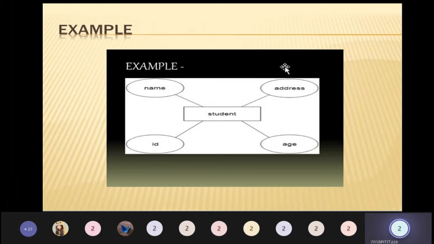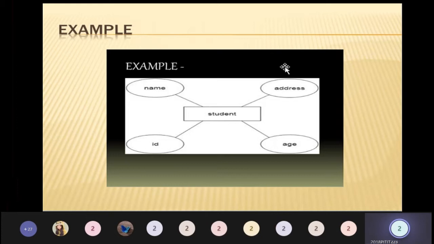The ER data model considers the real world as consisting of a set of basic objects called entities and relationships among these objects.